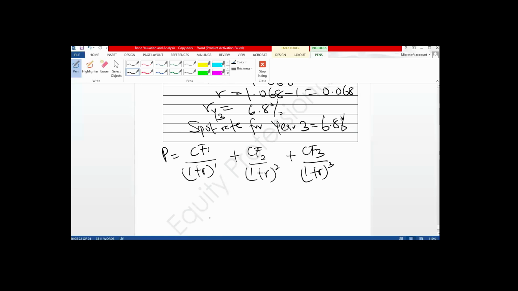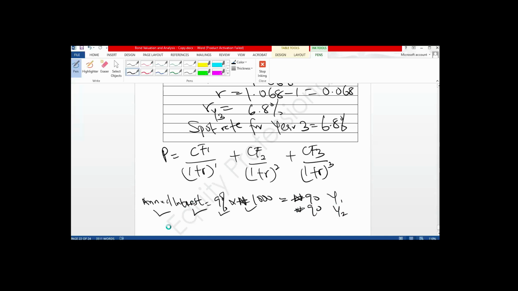Look at this. The coupon is 9%. The face value is 1,000. That means annual interest in year 1 is 9% of the face value, 1,000. That is 90 naira. Annual interest in year 2 also gives me 90 naira.